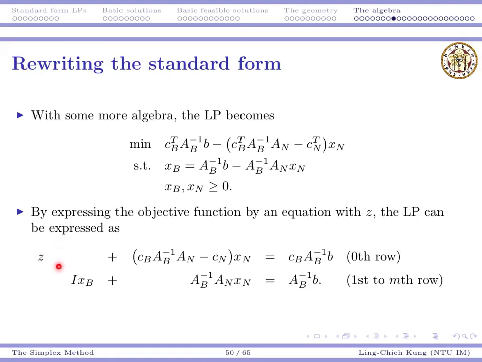If xb does not appear in the objective row, then this coefficient exactly tells us what's the impact of increasing one non-basic variable. If for one non-basic variable this coefficient is positive, then we know this is a good candidate for entering the basis because that's going to decrease z.